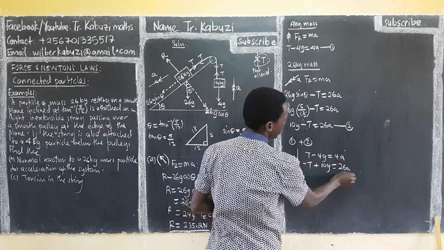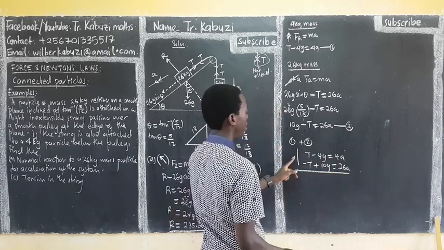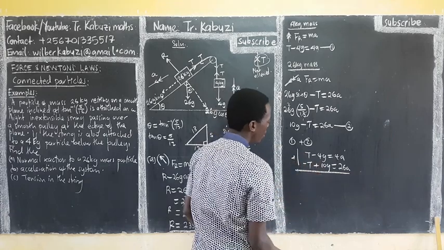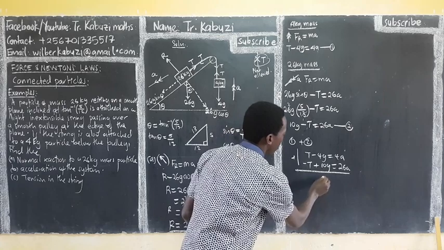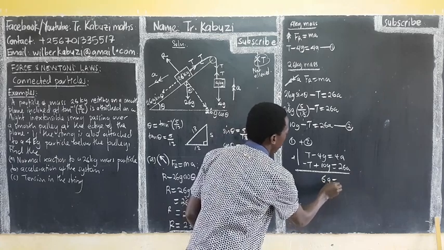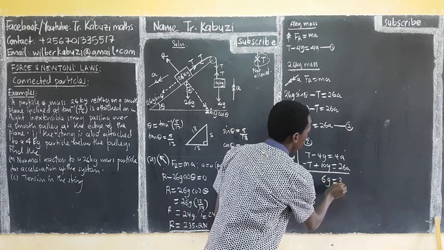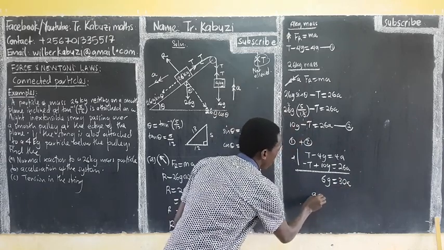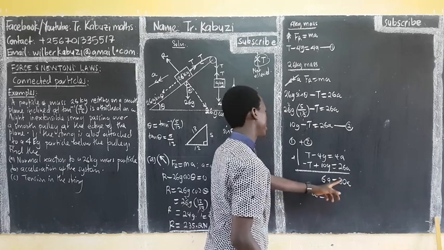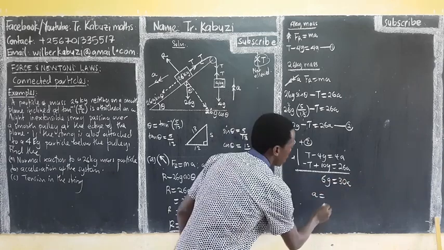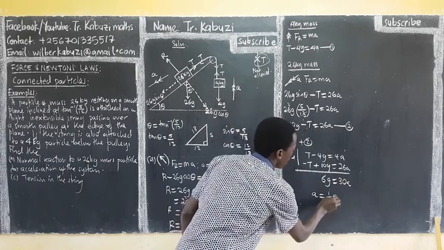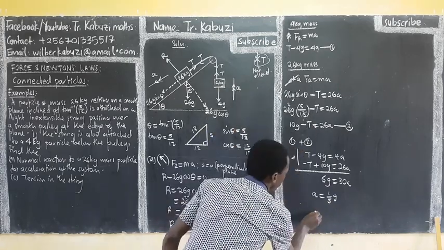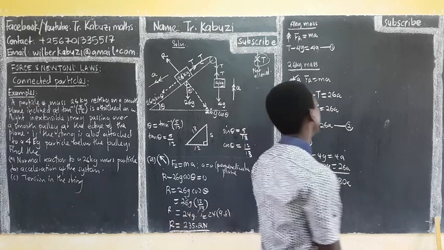If I add these two, the T terms cancel, and we are left with 6g equaling 30a. So now my a is going to be g over 5, which we can easily substitute.